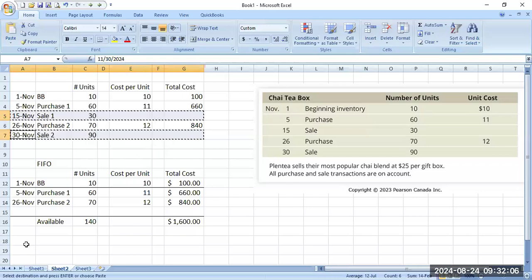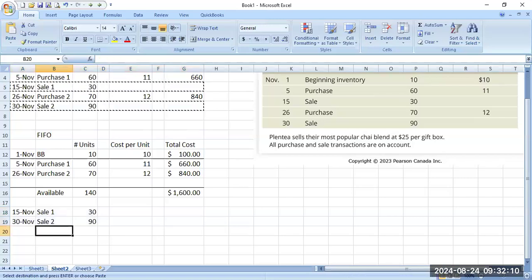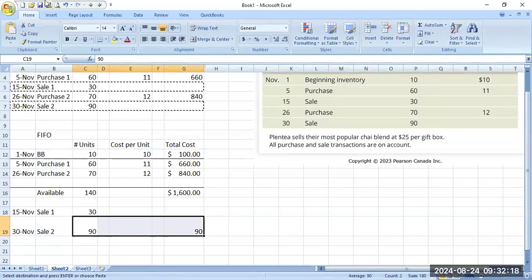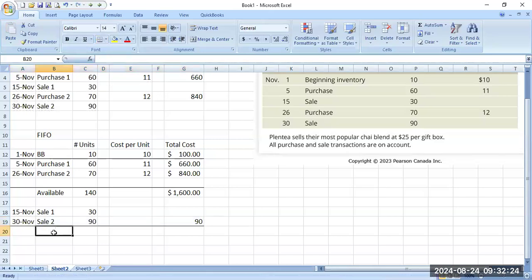Those two sales only. How many units did I sell? I sold 120 units.